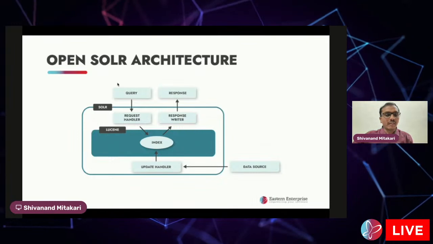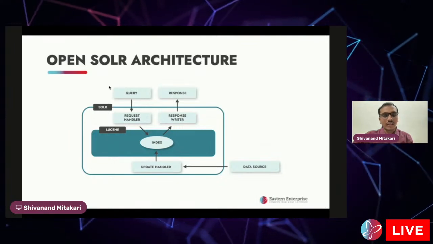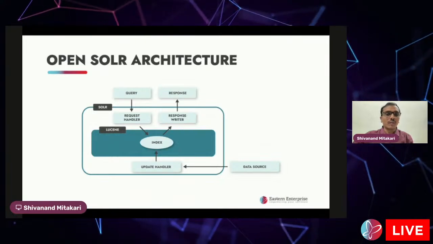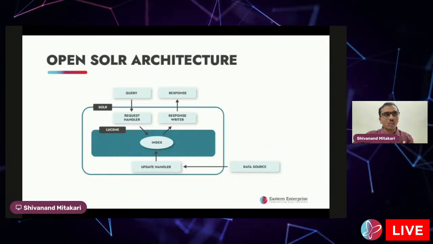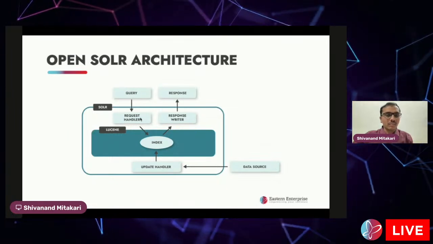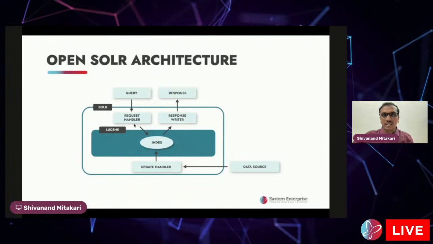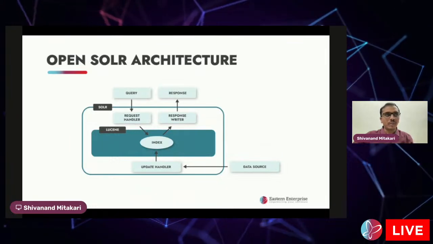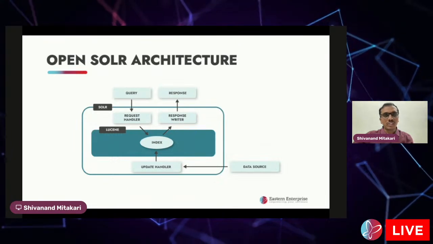So basically, whenever we are requesting any data from Open Solar, it goes through the query, where it checks the syntax and all those things. Query handler is nothing but the different types of queries sent to Solar. For example, admin queries, where you want to update a few pieces of information or make some administrative changes.